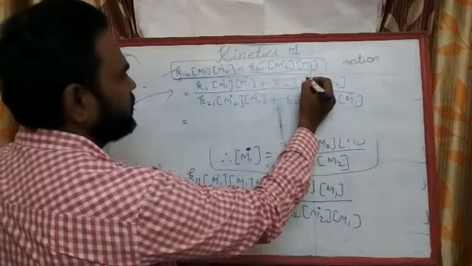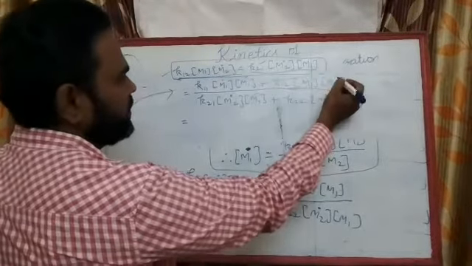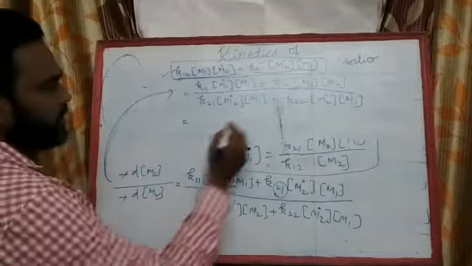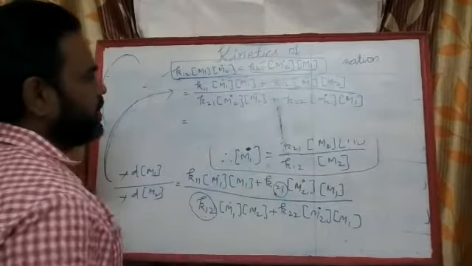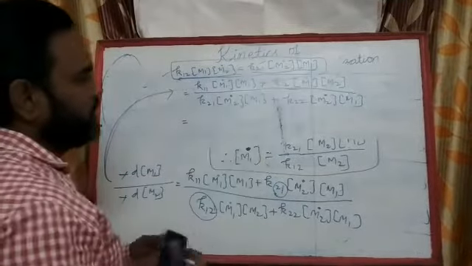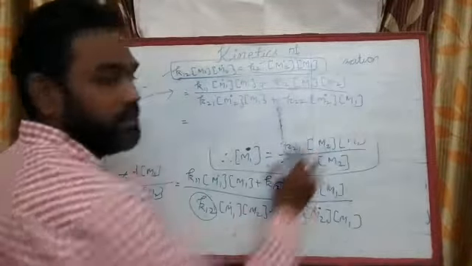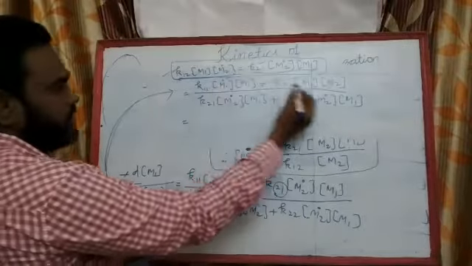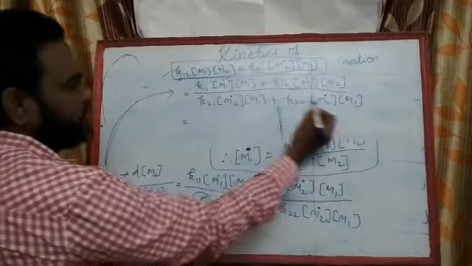Sorry, I have a small mistake here, please correct this: M1 dot M2. I can take M1 dot and M2 dot as common terms.